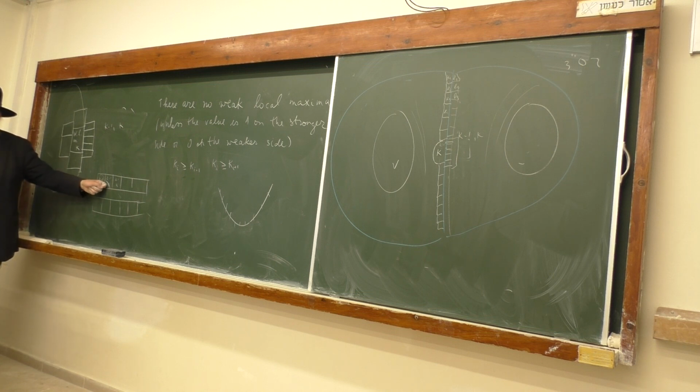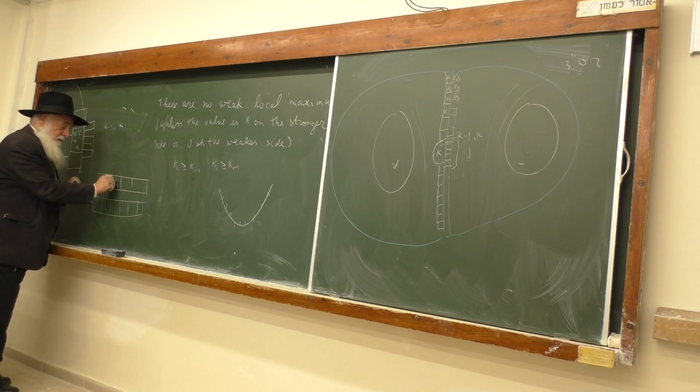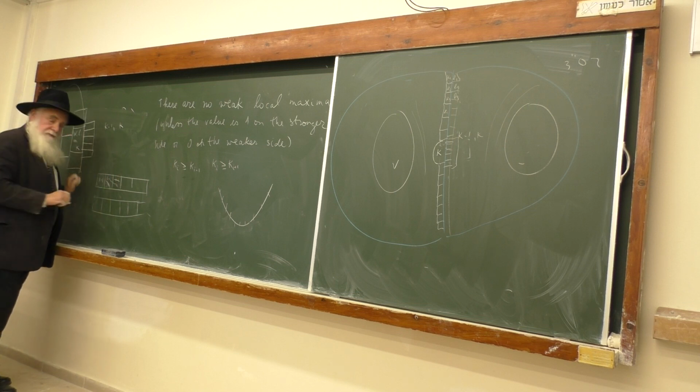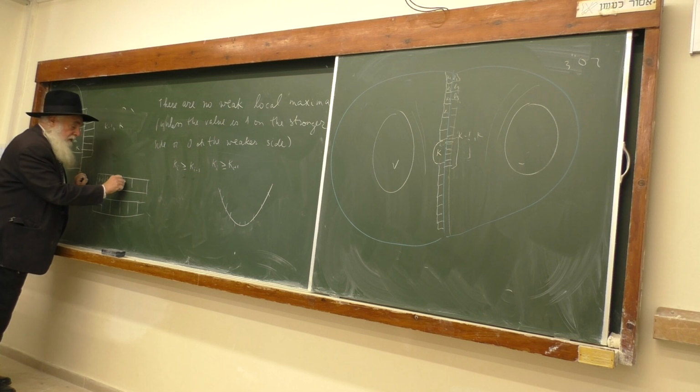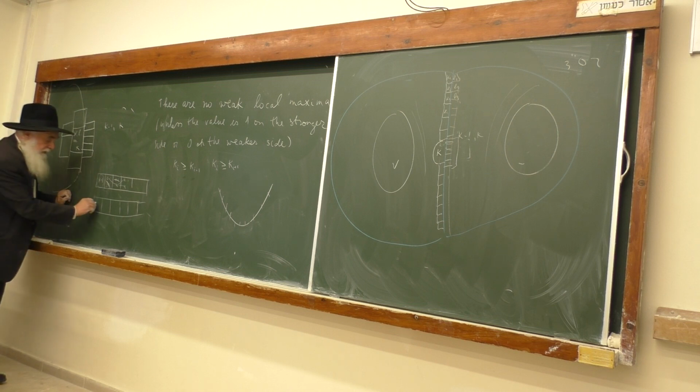So this is impossible. If we have this one, this is also impossible, because then it would be a weak local maximum. So we must have this one. Then what could be this one or this one? Both are bad for us. So starting with K plus 1, we gain over. So let us assume we start with K.